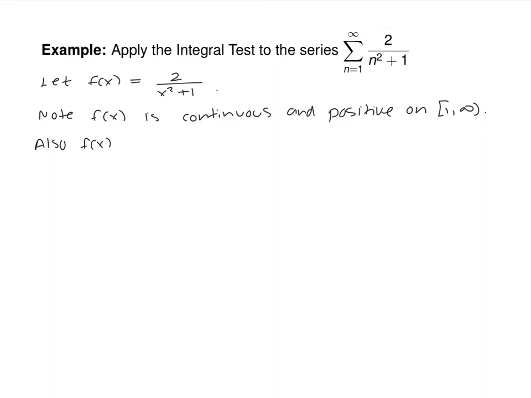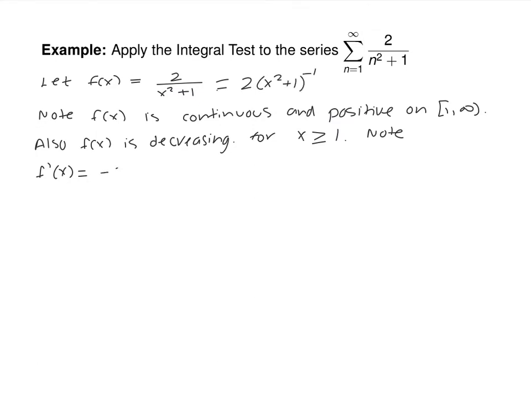Also, f of x is decreasing. You can show this using a derivative if you want to, and that's actually not true all over the place, but it's decreasing for x's that are bigger than or equal to 1 for sure. If you were to use a derivative, f prime of x would equal 2 times (x squared plus 1) to the negative first.